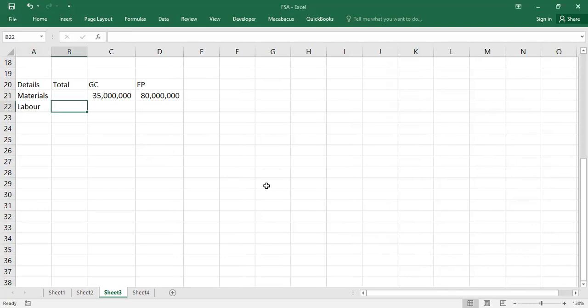Will you see what I've done? Because the cost per unit is 1,500. If you're spending 30,000 hours on GC, that will be 1,500 times 30,000. That is how much you spend in labor. It's 45 million.